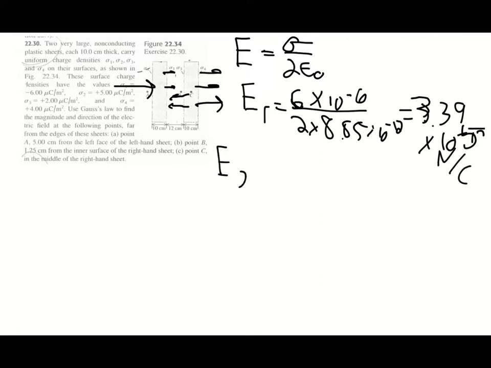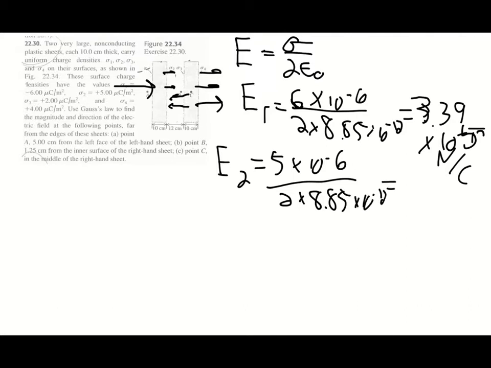We're going to do the same with E2, but this time we're going to have 5 times 10 to the negative sixth, again divided by 2 times epsilon naught. We end up with 2.83 times 10 to the fifth newtons per coulomb.